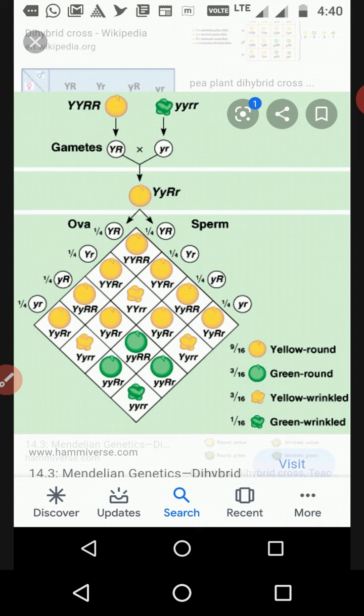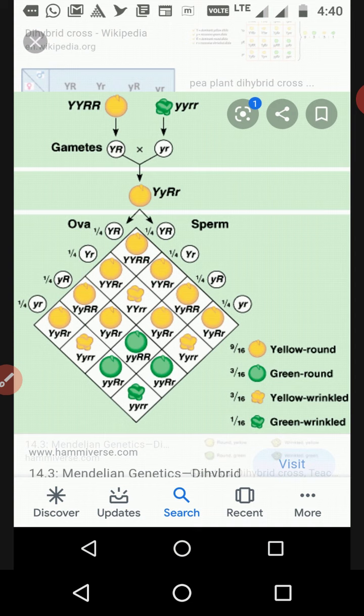Total 10 means 9 round and yellow color seeds in the first result, and the last result 1 green and shrunken seed. Altogether it is 10, and it shows the parent generation character, and it is called pure breed.